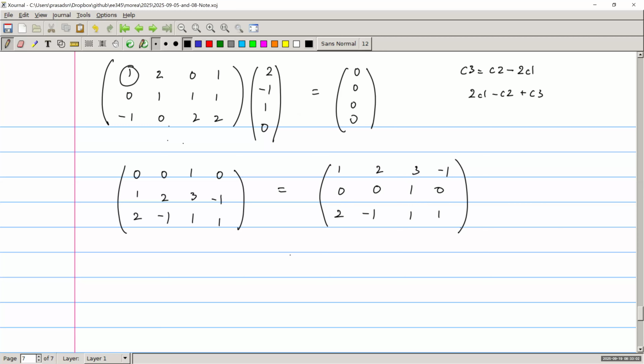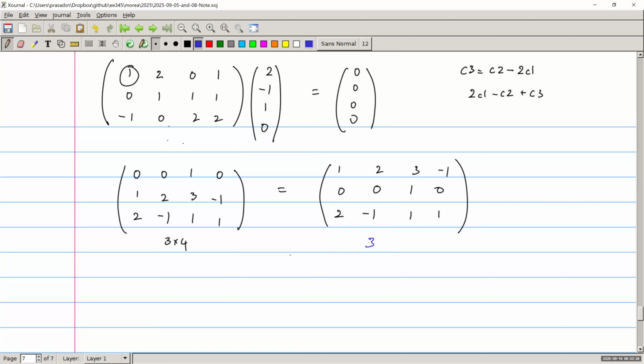Okay, what's the size of this matrix? 3 by 4. So what should be the size of the matrix I multiply on the left? 3 by 3. That's because you look at the two numbers here.